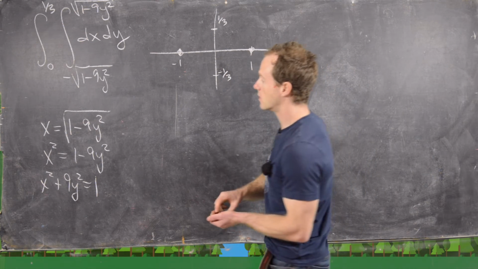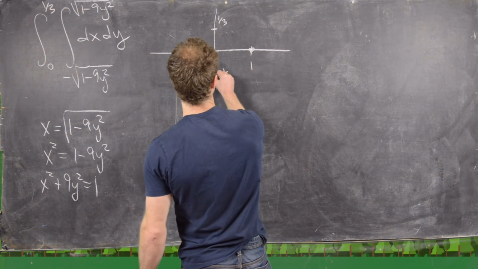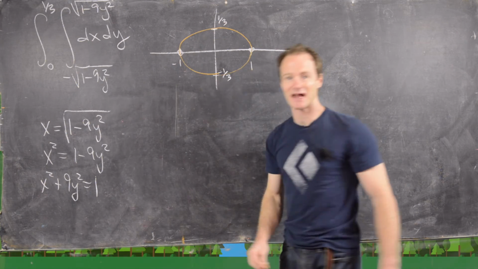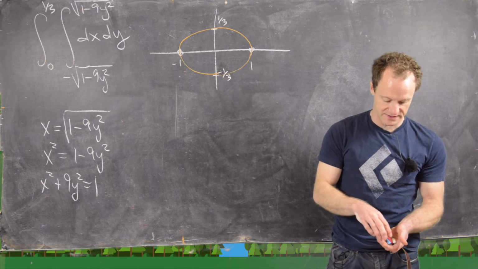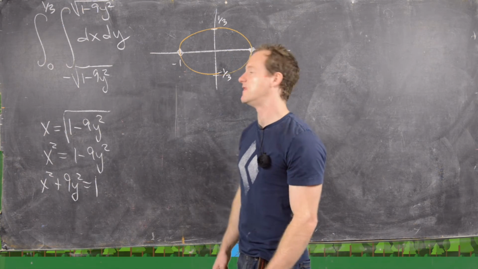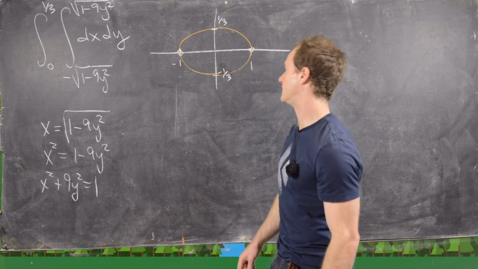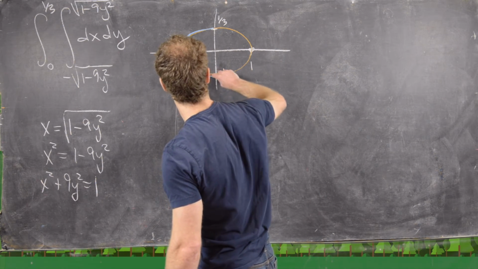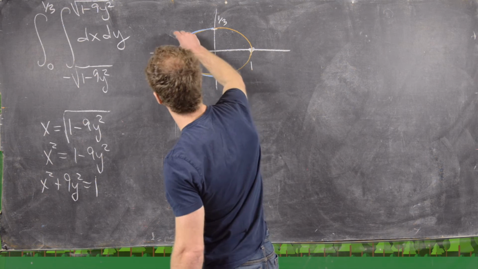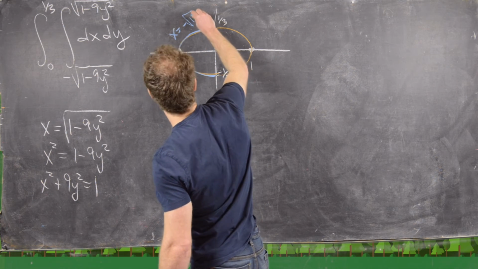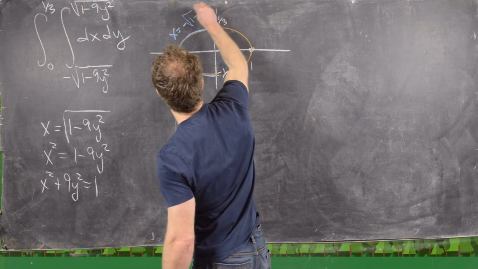Okay, so that means the graph of this is given by an ellipse, but that's not exactly what we need for this problem. So notice that this bit will be the left half of the ellipse. So let's write that maybe this way. So this blue part is x equals negative the square root of 1 minus 9y squared.